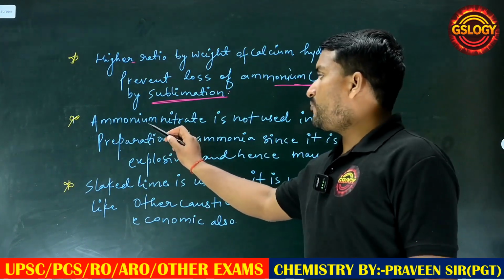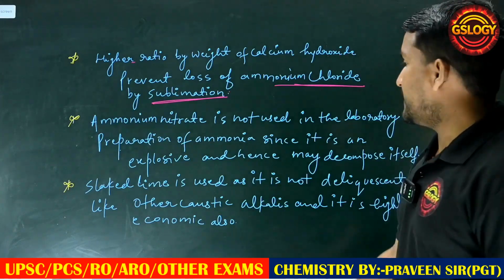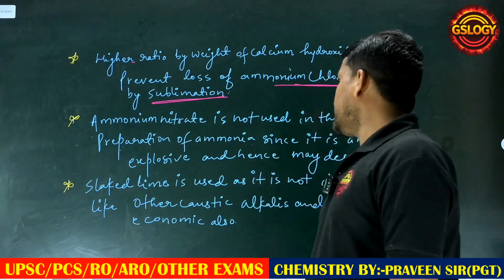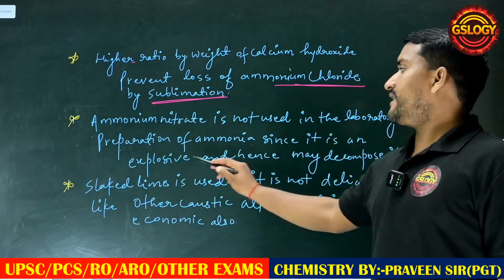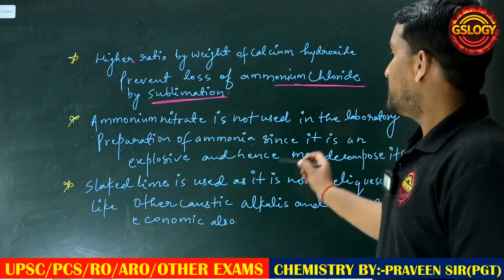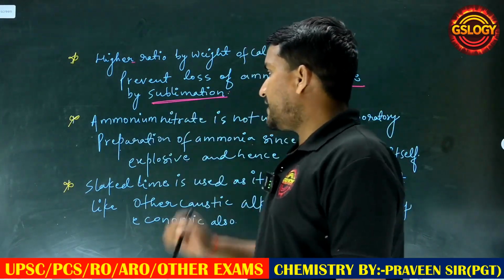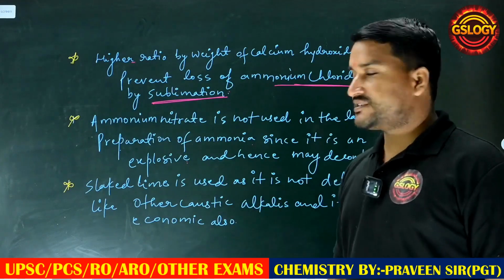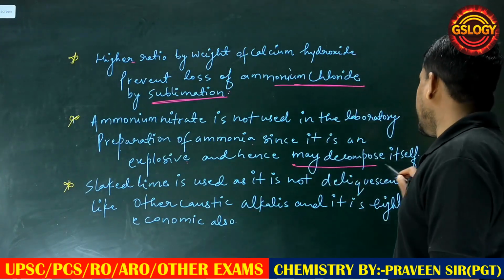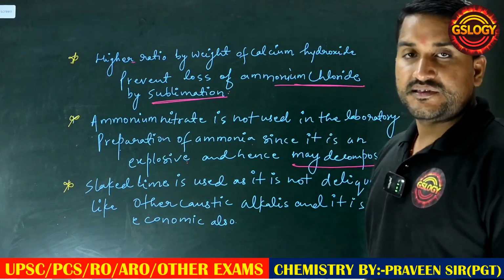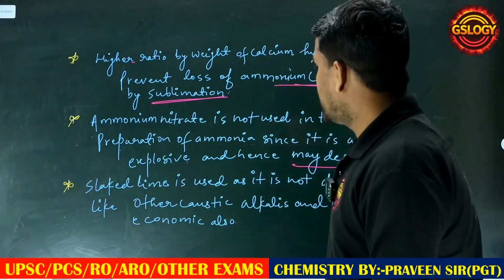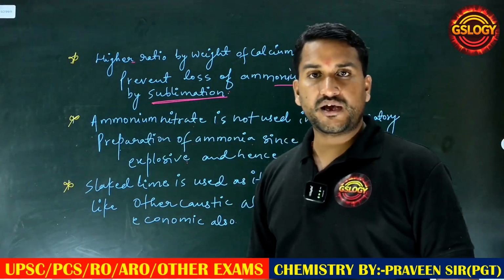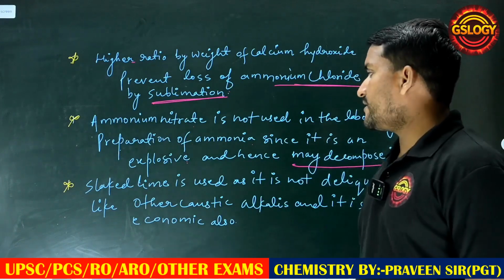Next point, ammonium nitrate is not used in the laboratory preparation of ammonia since it is an explosive. Why not use ammonium nitrate? Because ammonium nitrate is explosive in nature and hence may decompose itself. That's why it is not used for the preparation of ammonia gas. Clear?